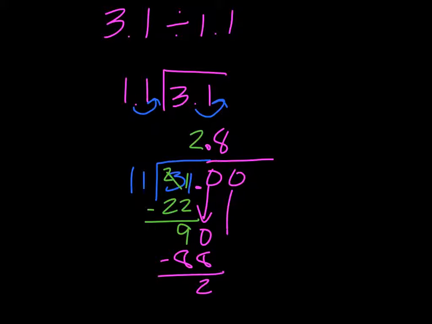We can add another 0. 11 goes into 20, 1 time. 1 times 11 is 11, and we can stop there at 2 decimal places because this one would go on forever. So your answer would be 2.81.